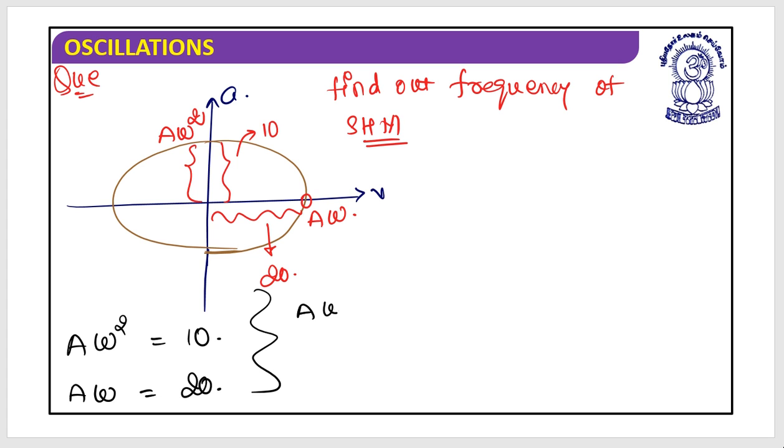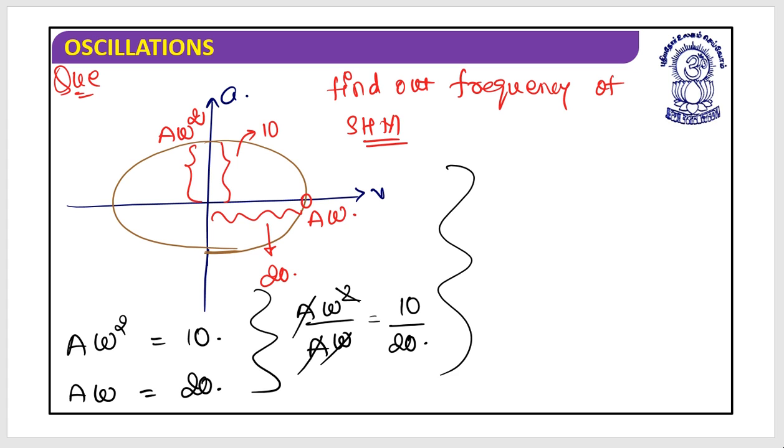If I take a ratio, A omega square divided by A omega equals 10 by 20. A has gone, so omega equals 10 by 20, which is 1 by 2, and 2 pi f equals 1 by 2. So f equals 1 by 4 pi hertz.